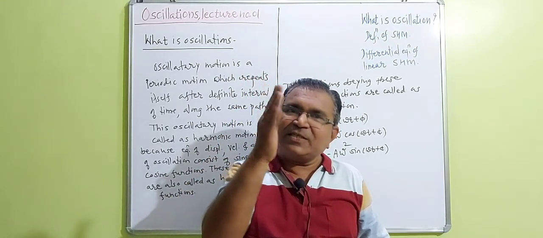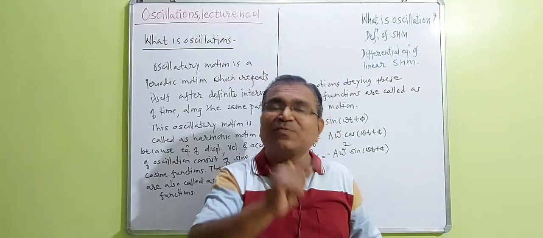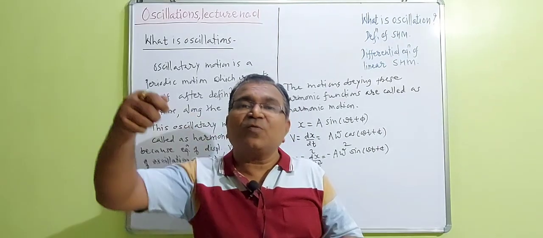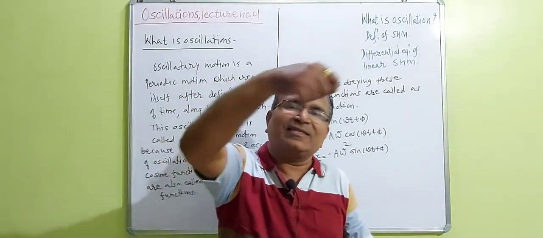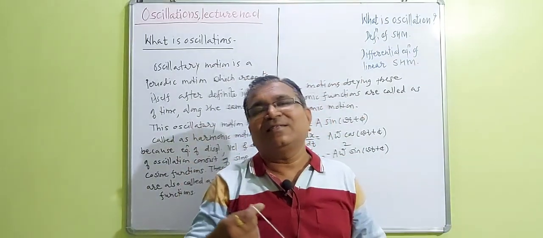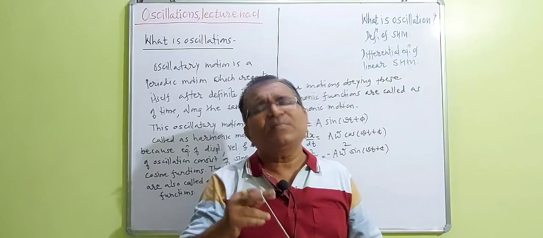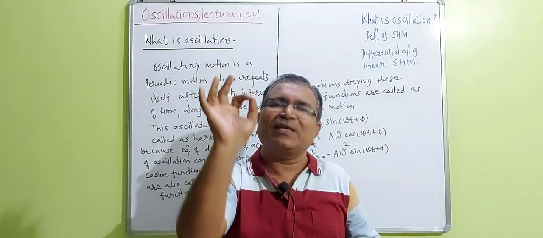That vibration is about the mean position. This is also a type of simple harmonic motion. The motion of a swing is also a simple harmonic motion. So simple harmonic motion is an oscillatory periodic motion.